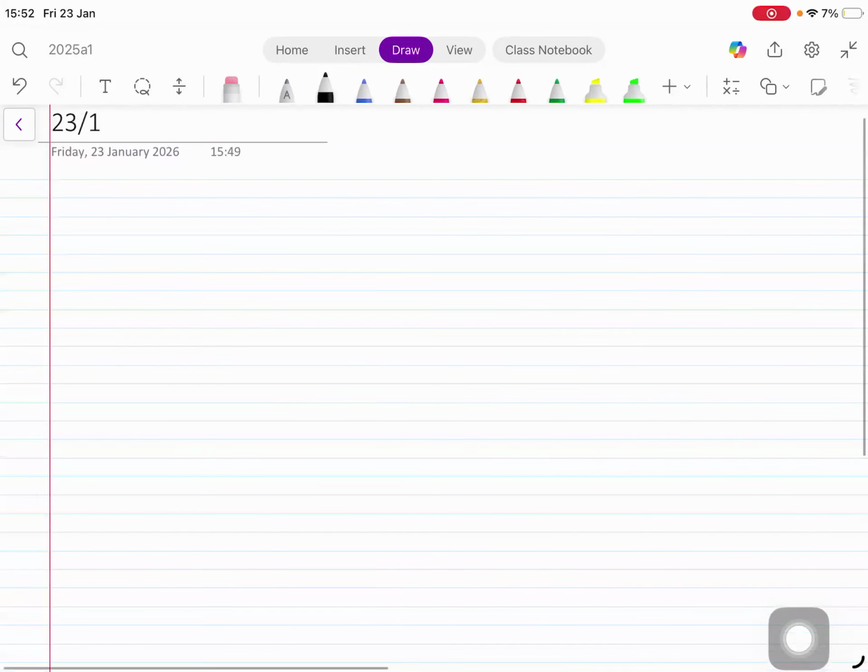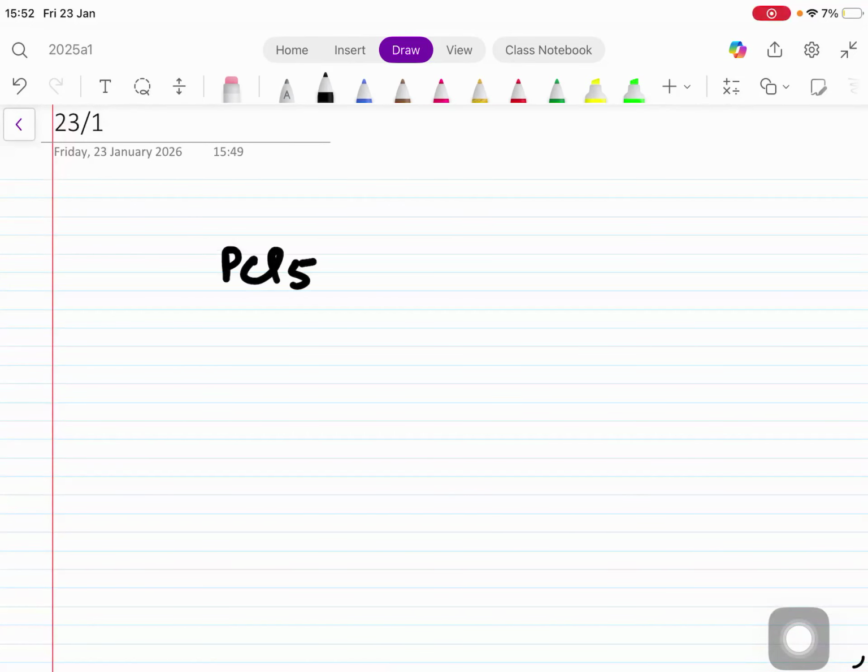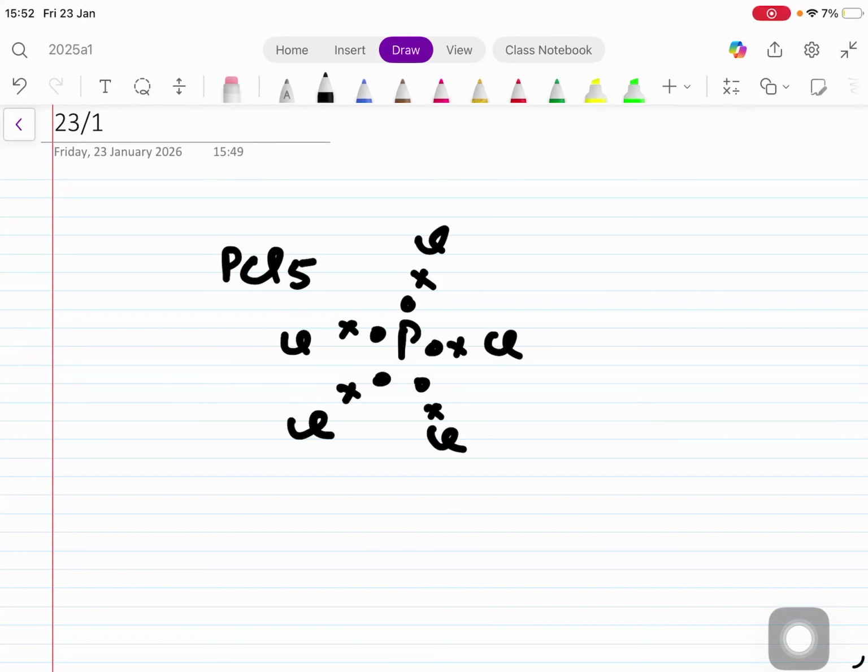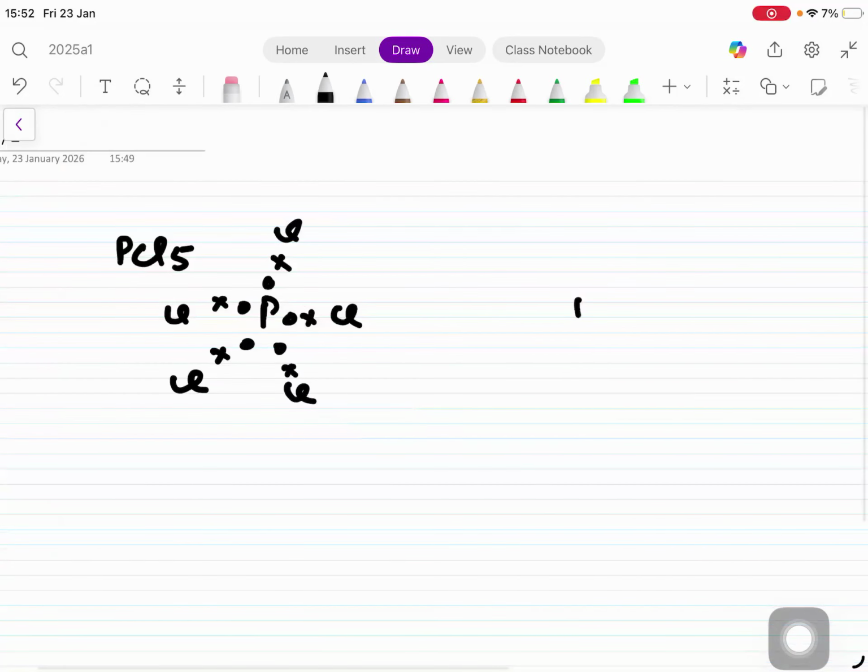Today we are further continuing with the molecule PCl5. Please look at the PCl5. Phosphorus has 1, 2, 3, 4, 5, so phosphorus has 5 bond pairs. Here is the phosphorus.